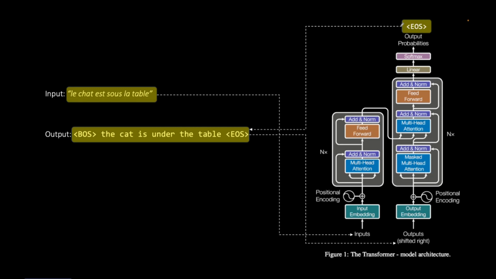You keep iterating and completing the output, one word at a time, predicting what the translation would be. And you stop when you have either the end-of-sentence token or some number of tokens that were predicted.